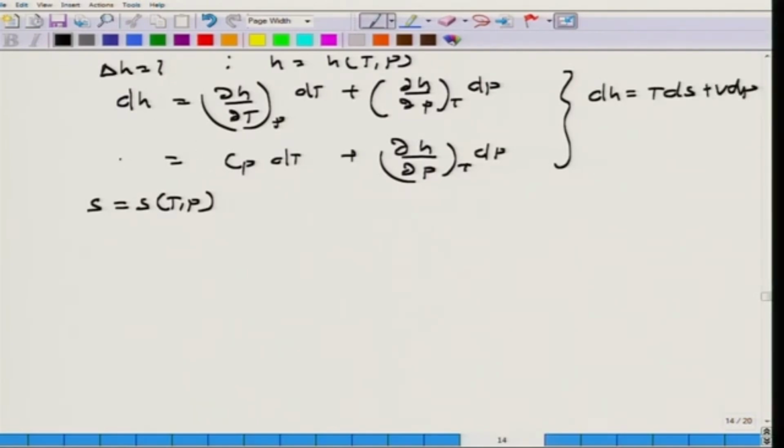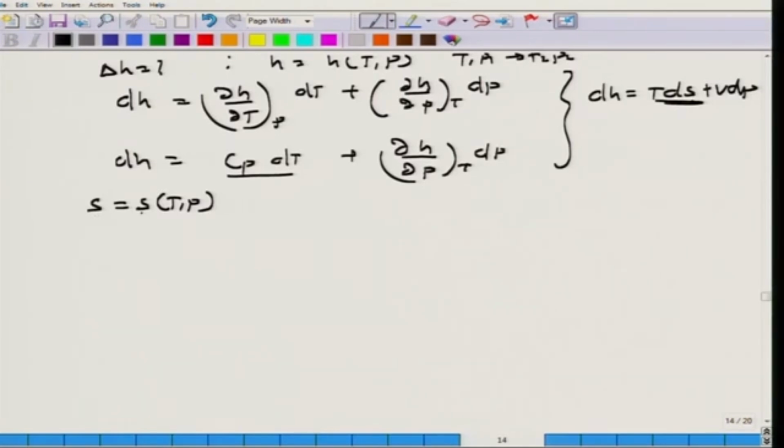So this first term corresponds to a path at constant pressure, and this will be the path corresponding to constant temperature, and by taking two paths you can change from state 1 to state 2, from T1, P1 to T2, P2. But we need this expression in order to get that, so let me first try to derive this.